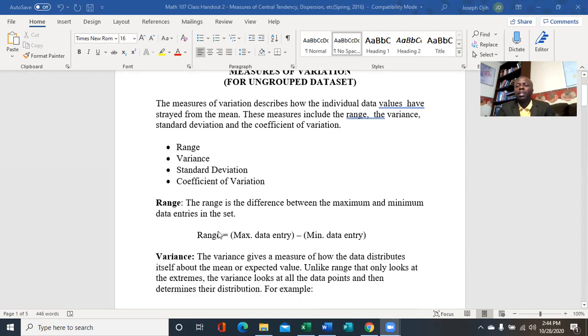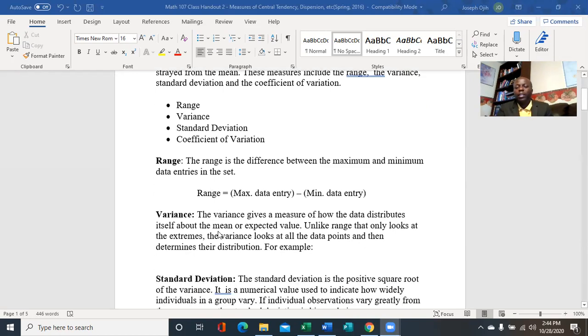To calculate this and understand what you are doing, you really need to know some background information about these parameters. Range simply means the difference between the maximum value and the minimum value. Okay. Now variance tells us how the data distributes itself about the mean.